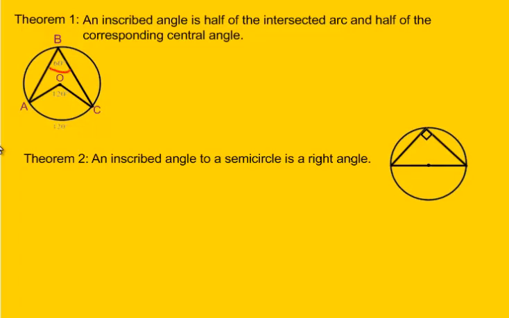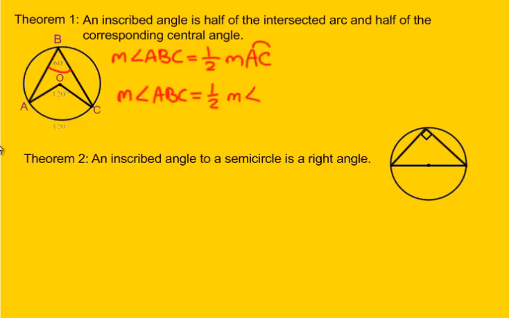So what do we see right here? The measure of angle ABC equals 1/2 the measure of arc AC, and the measure of angle ABC equals 1/2 the measure of angle AOC.